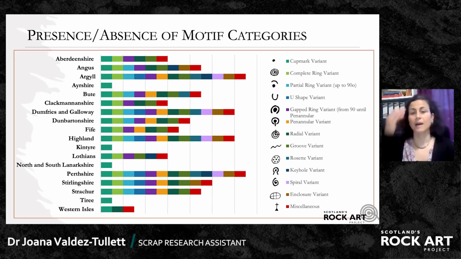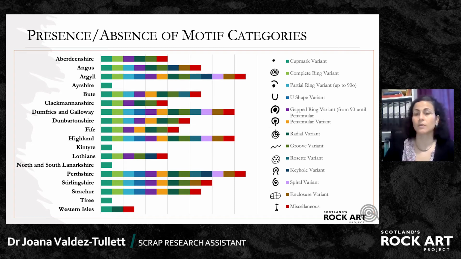This presence-absence map or chart is showing the main motif categories and what is the preference for each region. So we can see that cup marks and complete ring variants are indeed present in almost all of the areas that we looked into.